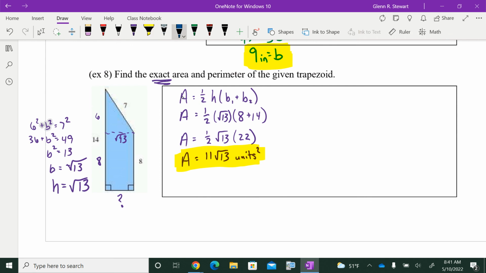Perimeter. Here's how we find perimeter. We'll start with 14 plus 7 plus 8 plus the square root of 13. So P is equal to 14 and 7, that's 21, plus 8, 29 then, plus the square root of 13.